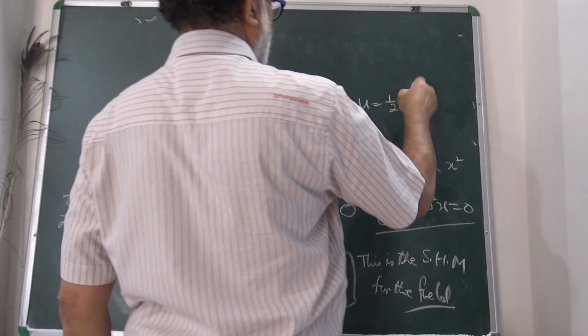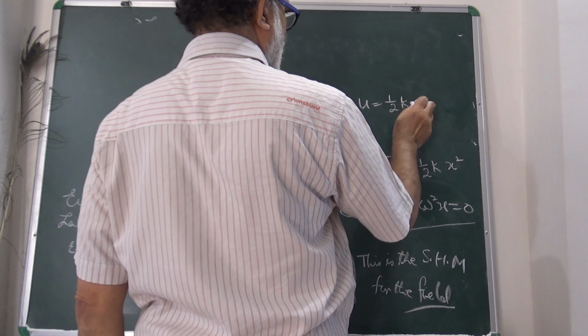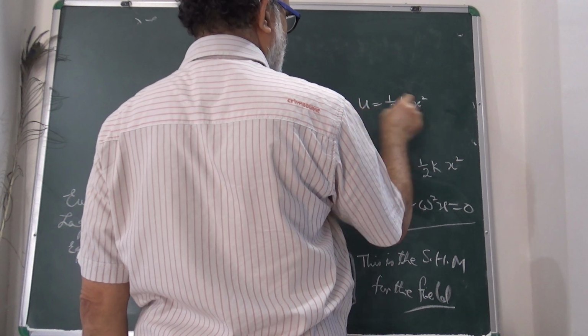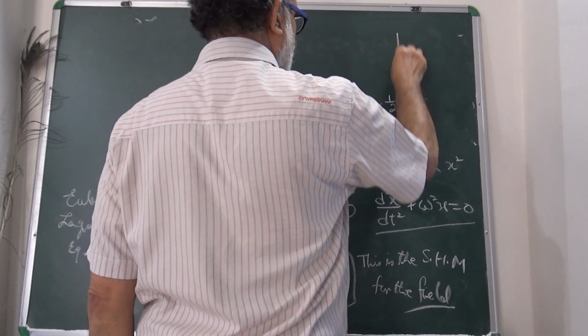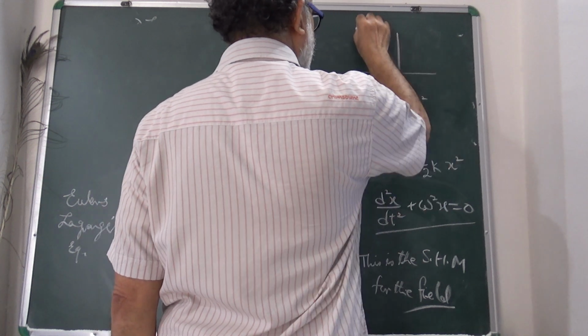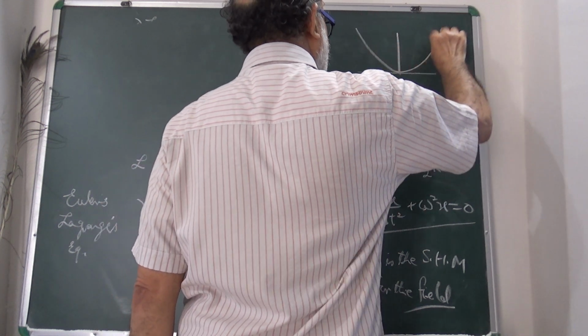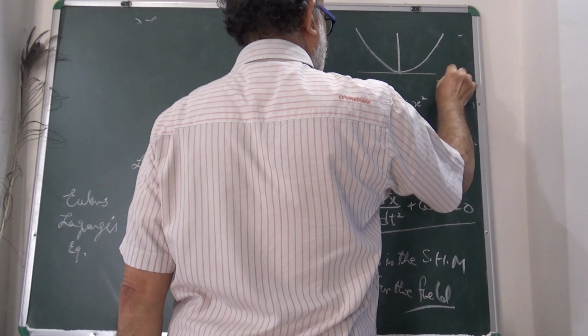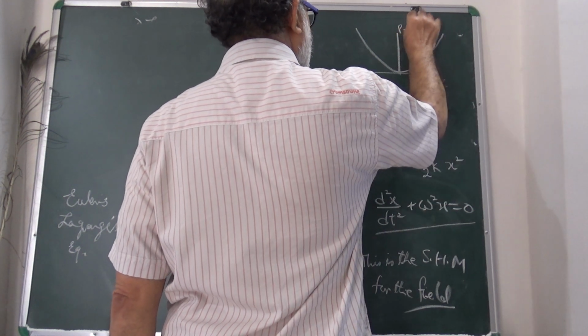If k is the spring constant, which is positive, the potential energy varies with x square, so the potential energy curve is a parabola, x here, potential energy here.